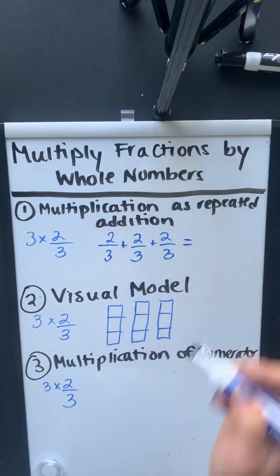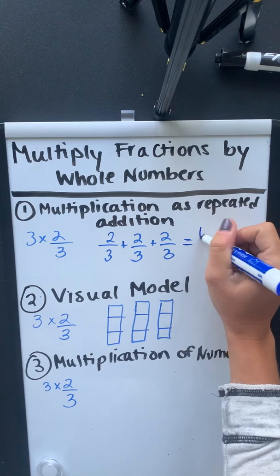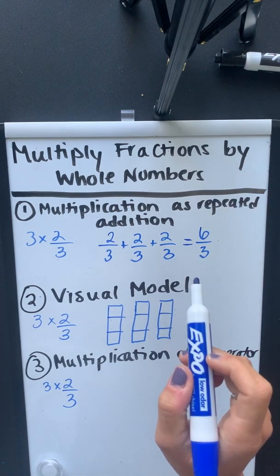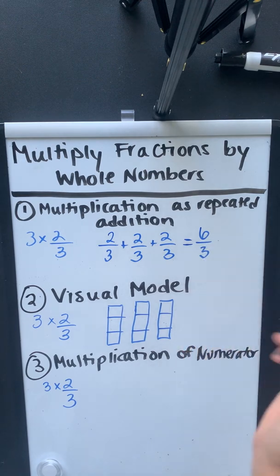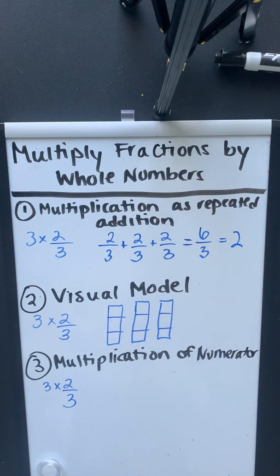In that case, I just add them up, and I can do 2 plus 2 is 4 plus 2 is 6, and my answer would be 6/3. I know I can actually reduce this because 6 divided by 3 is 2. So I can say this is actually equal to 2, and that's my first way.